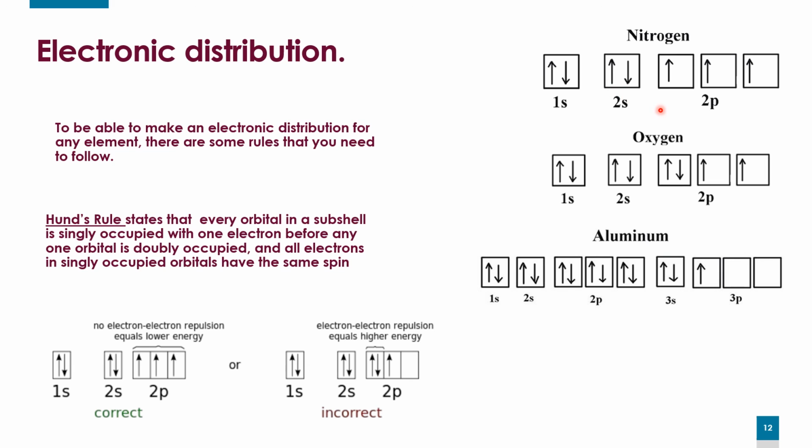But I have 3 orbitals in the p sublevel. So I cannot put 2 electrons in the first orbital and 1 electron in the second orbital and leave the third orbital empty. What's really happening is that electrons are going singly first. So 3 electrons in the p sublevel means that I have 1 electron in the first orbital, the second electron in the second orbital, and the third electron in the third orbital.